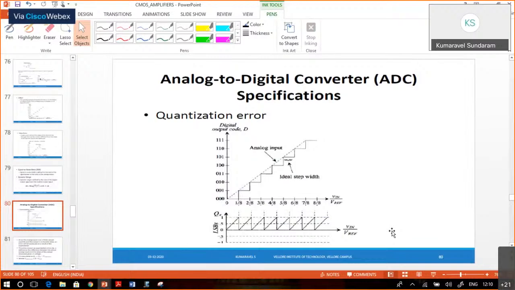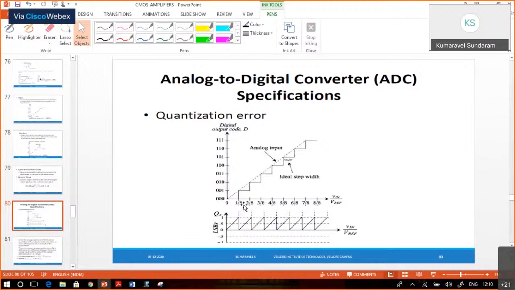What does quantization error mean? If you apply 0 as the analog input voltage, your digital output is going to be 00.